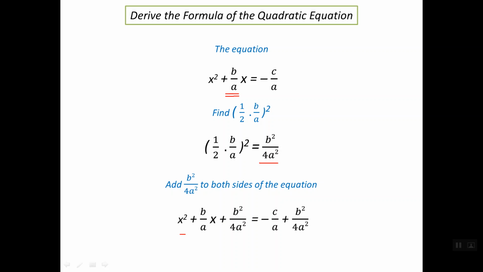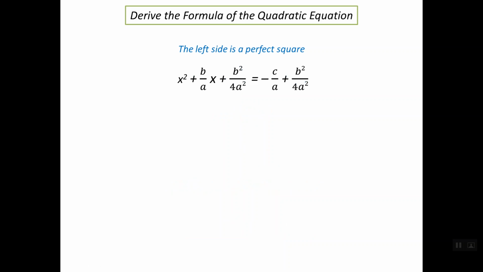So the left side becomes x squared plus b over a times x plus b squared over 4a squared. And on the right side we have minus c over a plus b squared over 4a squared. If you see, for the left side we have a complete perfect square, so we can factor this into a binomial squared.